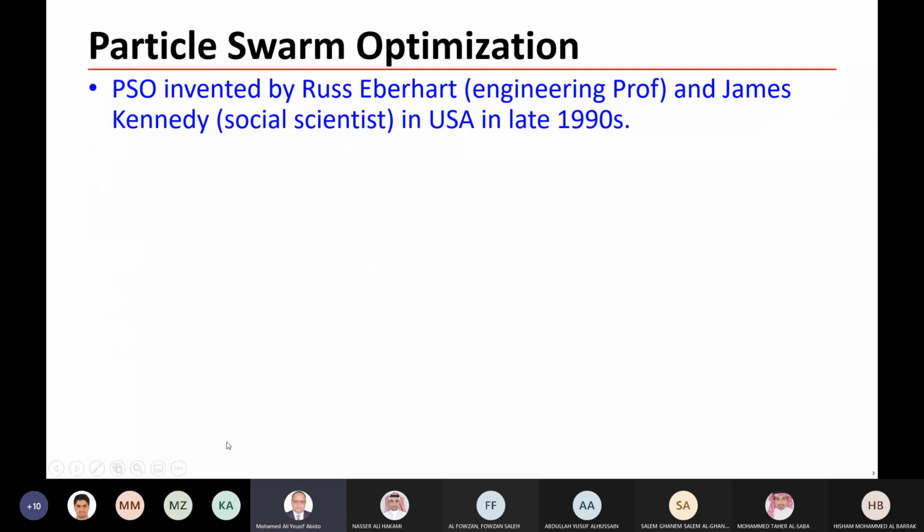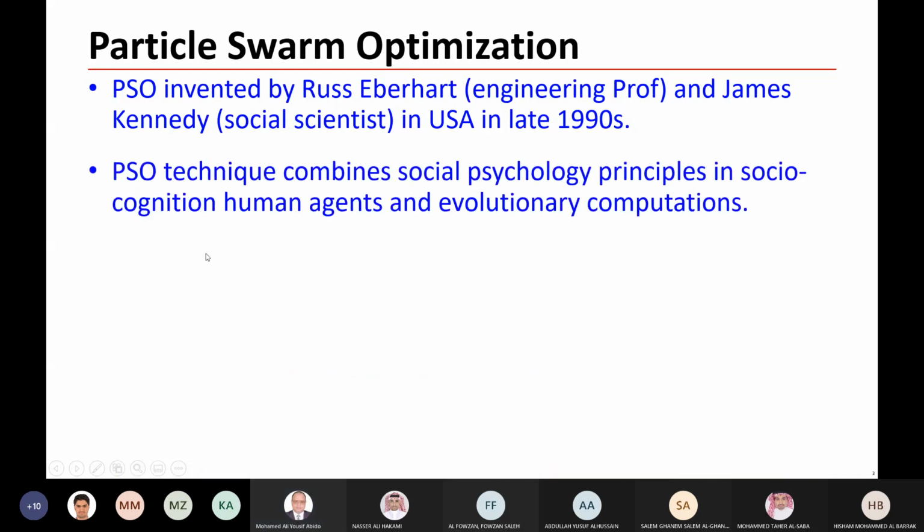So particle swarm was introduced in the late 90s, actually in 1995. And you can see here the combination. It was invented by Eberhart, an engineering professor, and James Kennedy, a social scientist. So they are merging engineering and social science.